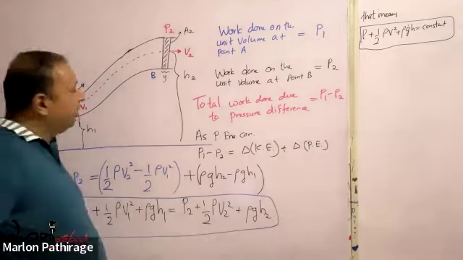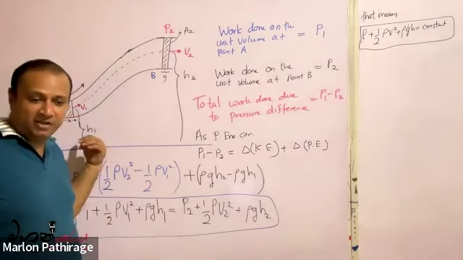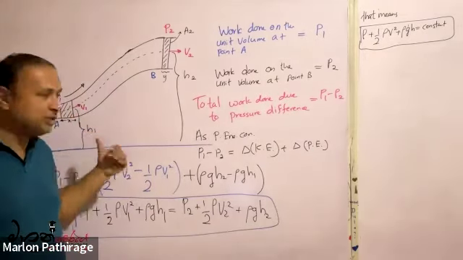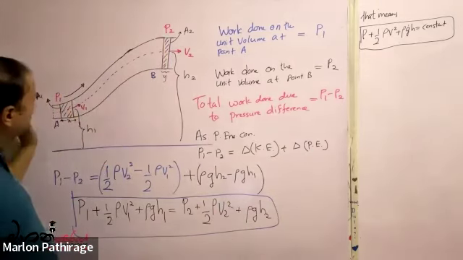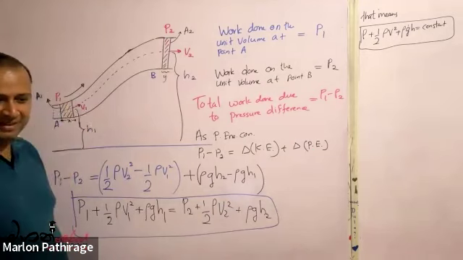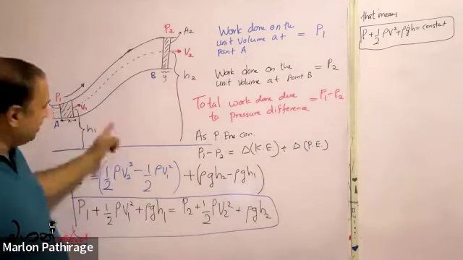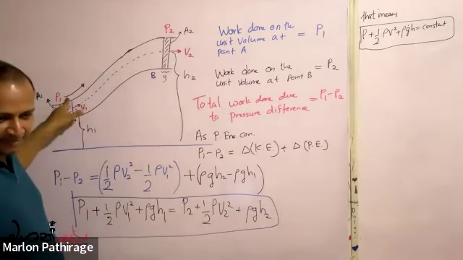No, pressure is higher at the P1 location, because fluid flows from here to here, not here to here. And therefore, pressure is higher at this location.